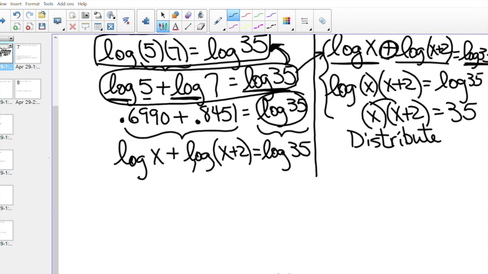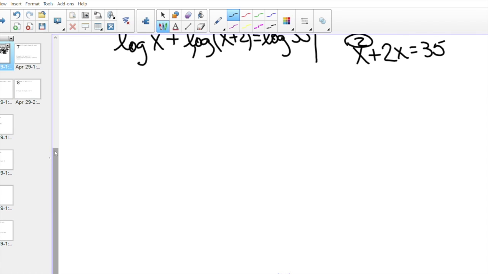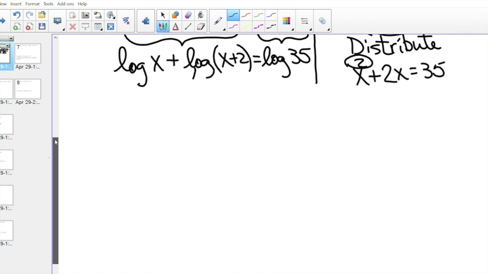You would say x times x, that's x squared, plus 2 times x is equal to 35. Now what do you call an equation that has a variable squared? I'm hoping that you have heard that enough that you will be saying, well, that's a quadratic equation.